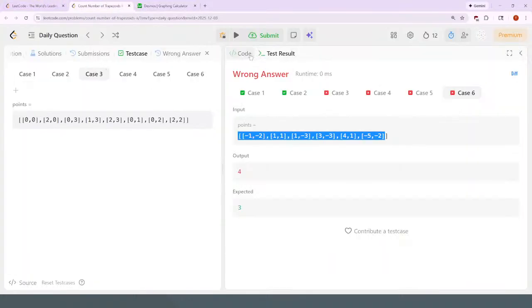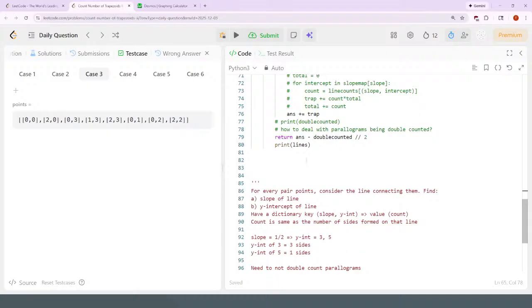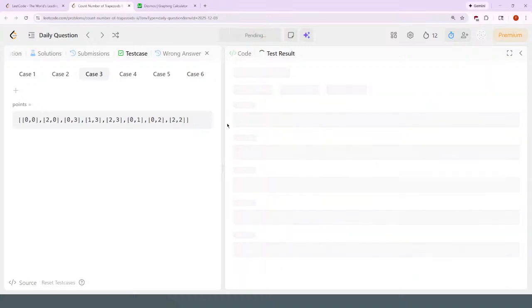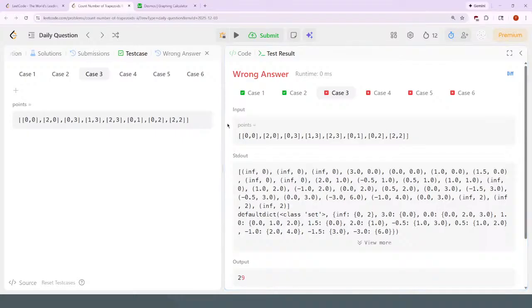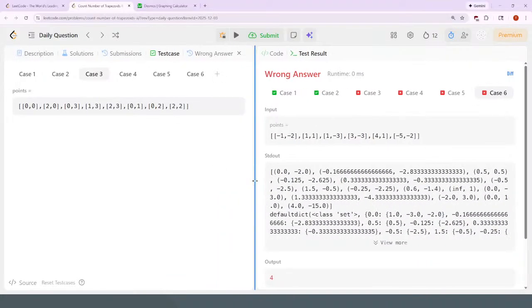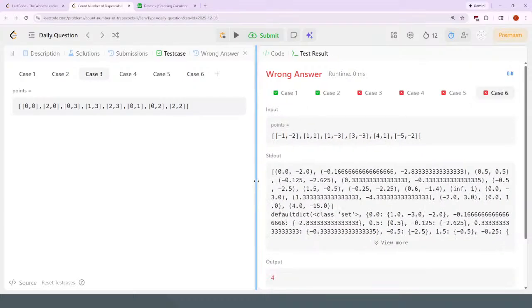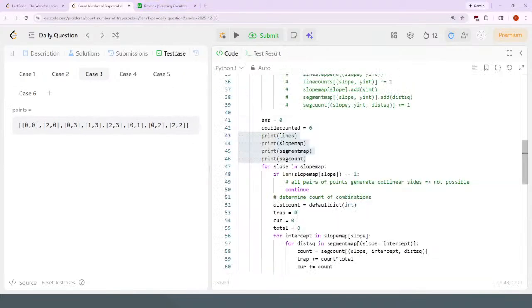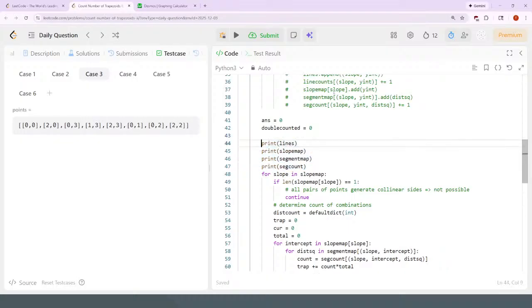Alright, let's go ahead and just look at the code. And this part's a little more extra here.